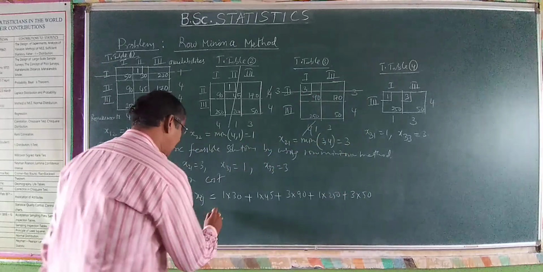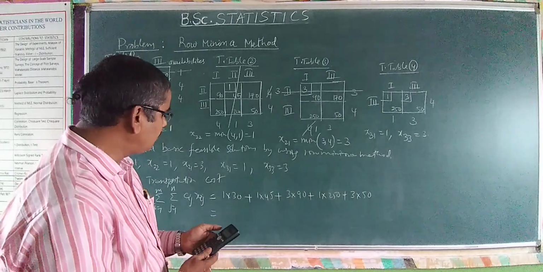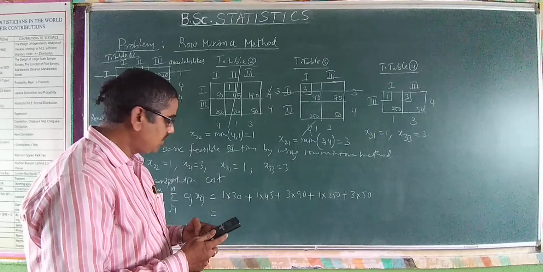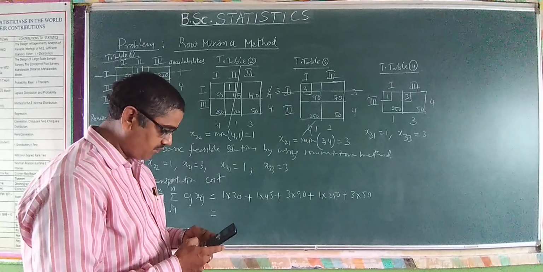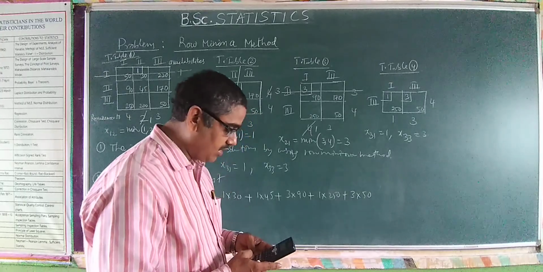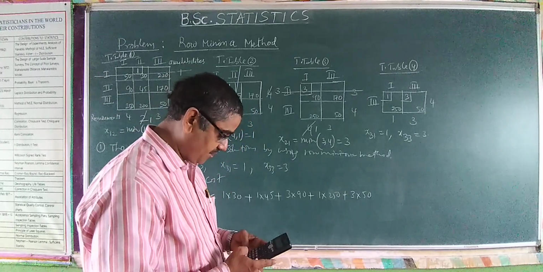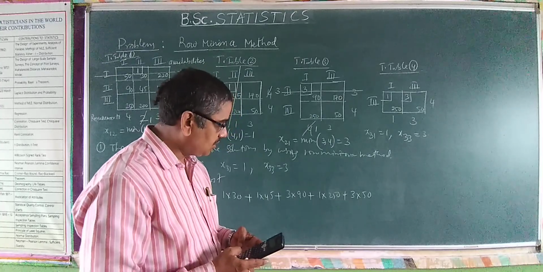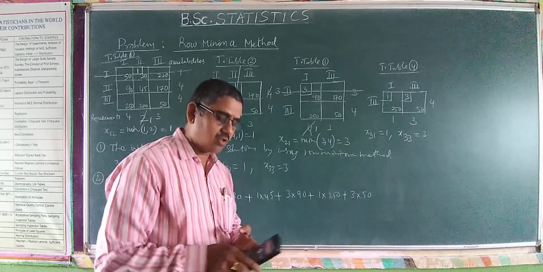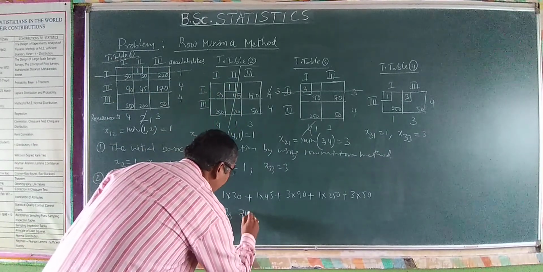Go and calculate; I am calculating using a calculator. 1 into 30 is 30, plus 45, plus 3 into 90 is 270, plus 250, plus 3 into 50 is 150. The value is 745, therefore it is rupees 745.